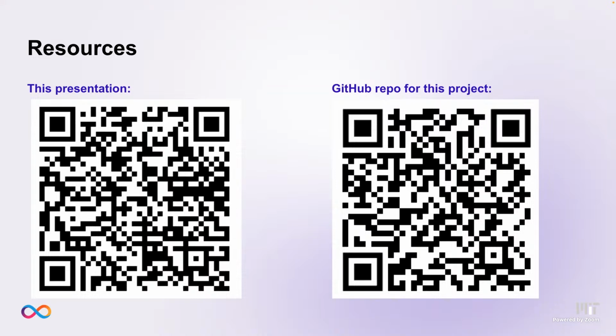And this presentation is also linked as a QR code in case you want to review any of the information that I went over. Some of the slides, I didn't go into super detail on some of the fundamentals. When you get into ICP, there is a lot of initial learning since we tried to do blockchain differently.